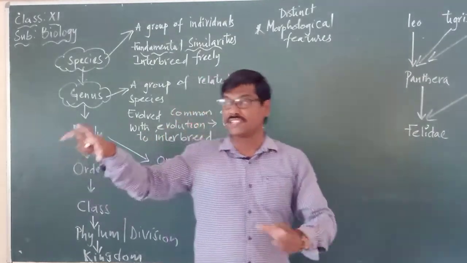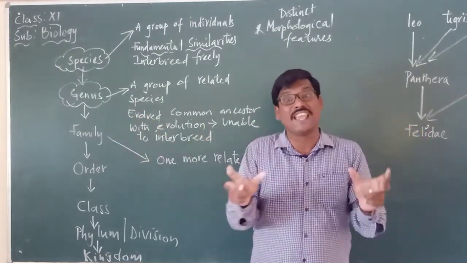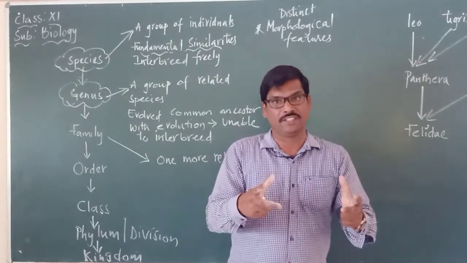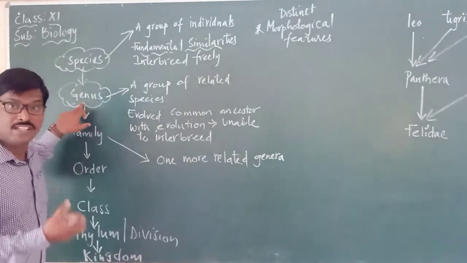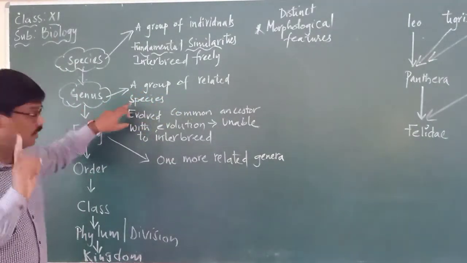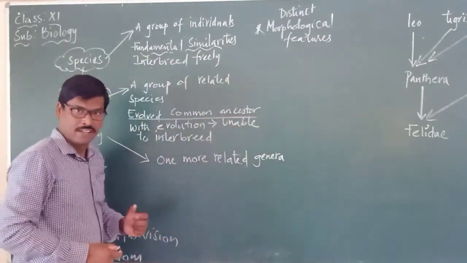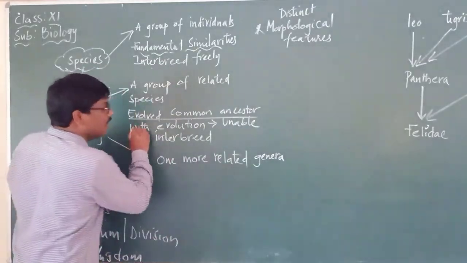That's the point we have to remember. So genus means a group of related species, which may have evolved from a common ancestor, as we will discuss in evolution.